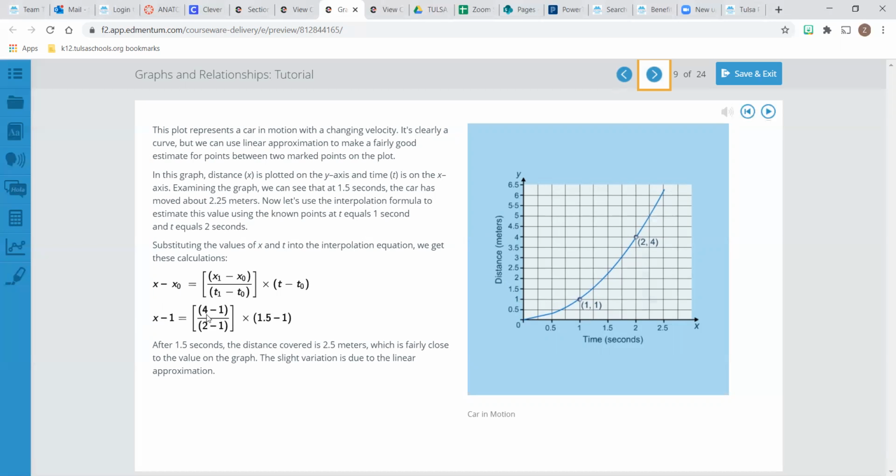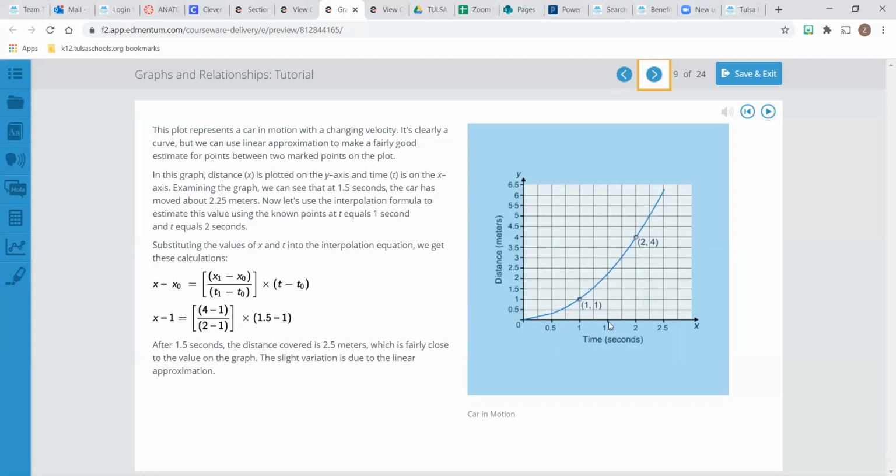And then you have 4 minus 1, which is the difference between this y-axis, right? 4, 1, over the x-axis numbers, 2, 1, okay, times the difference in time for t and t naught.